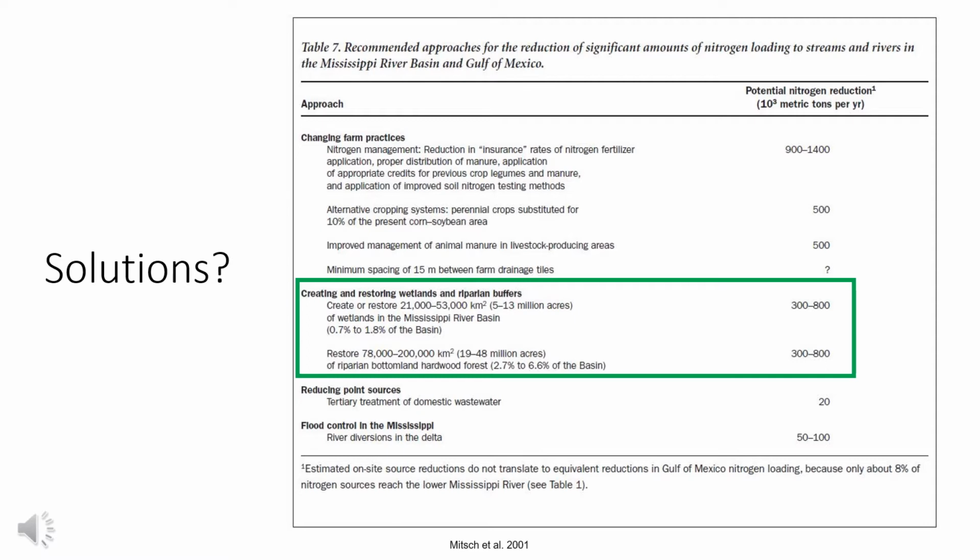In a study conducted in 2001, the authors concluded that changing farming practices would be the most important solution. But the next biggest way to reduce nutrient runoff in the Mississippi would be to restore and create wetlands on the landscape. They recommended restoring approximately 5 to 13 million acres of wetlands in the lower Mississippi basin in order to significantly reduce nitrogen.